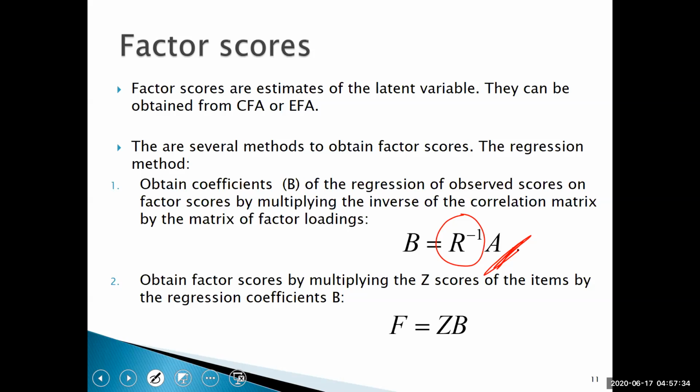Therefore, you are weighting your results by how important the items are in measuring that factor, because that is the factor loading. The factor loading is a correlation between the item and the factor. And then you obtain z-scores, which are standardized scores for the items, and you multiply them by b, which are the coefficients you obtained from the previous step. And that gives you factor scores.